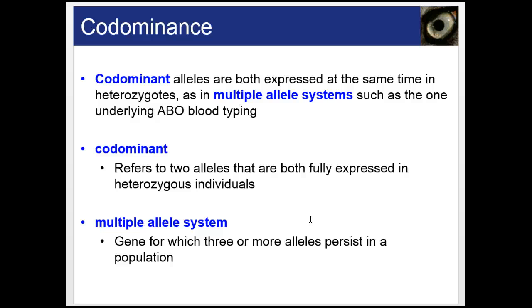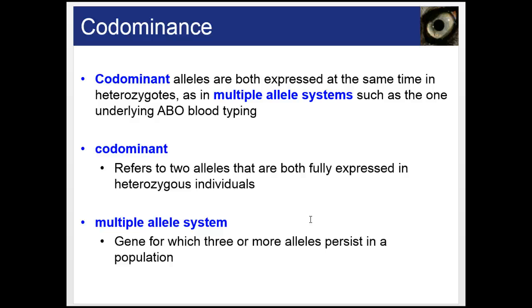And this is why some people have type AB blood. The A allele is expressed as well as the B allele. And so their blood cells show both phenotypes of the A and the B allele. However, both A and B are completely dominant over the O. O is actually recessive to both of those.